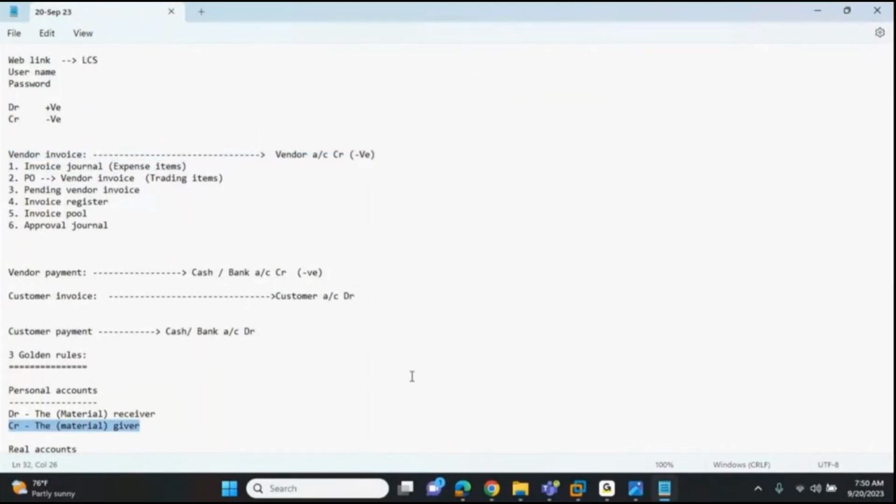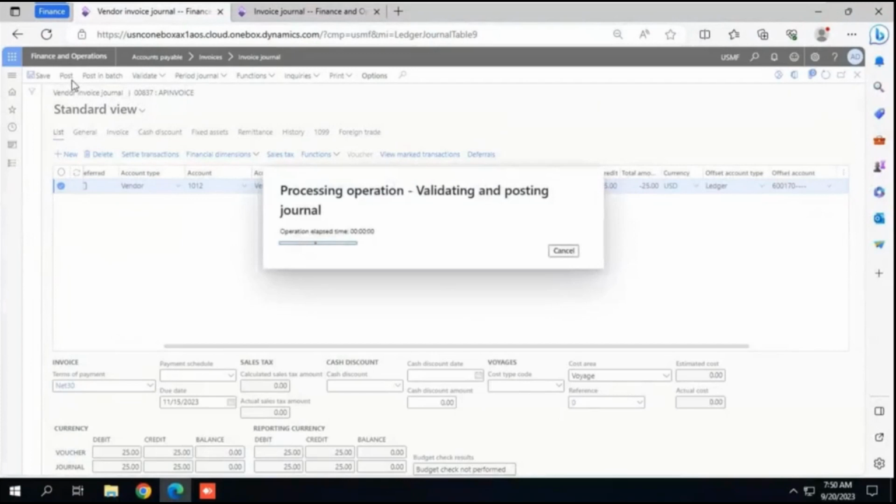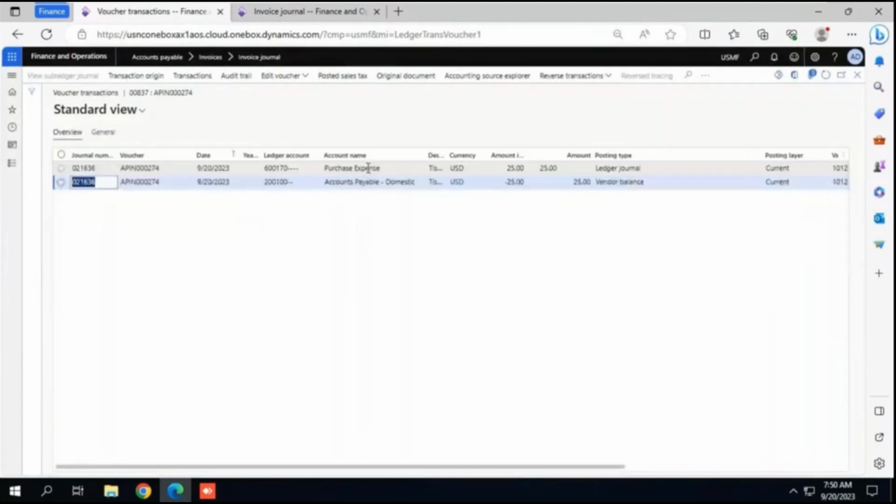For the vendor I need to pay money. It is credit, the giver, the material giver. So it is credit. I am posting now. At the time of the vendor invoice, the vendor will be credited.